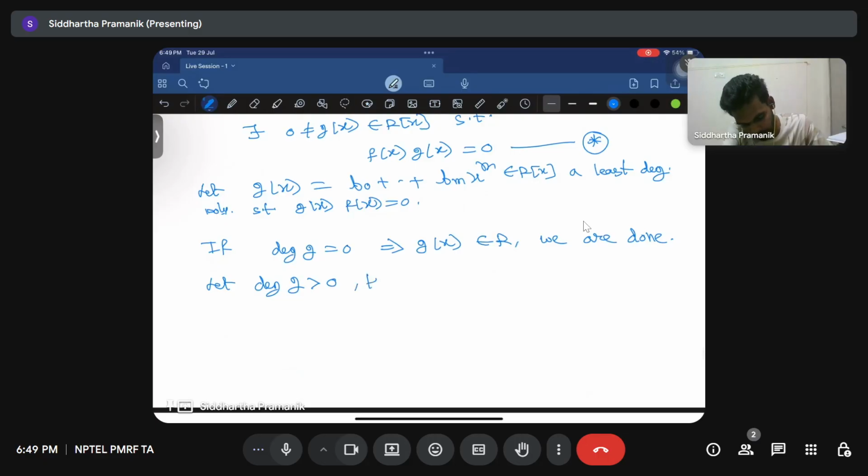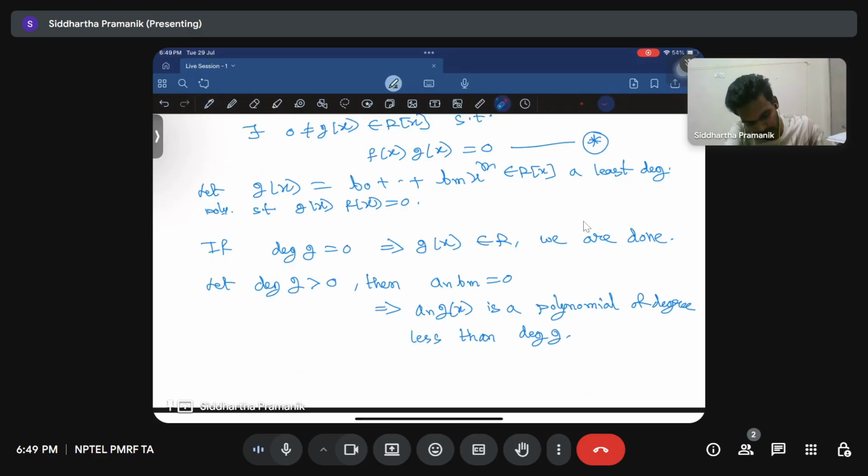Now an bm equals 0 will imply an times g(x) is a polynomial of degree less than the degree of g, right?